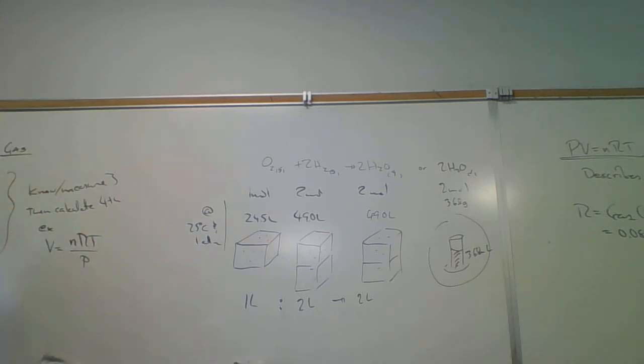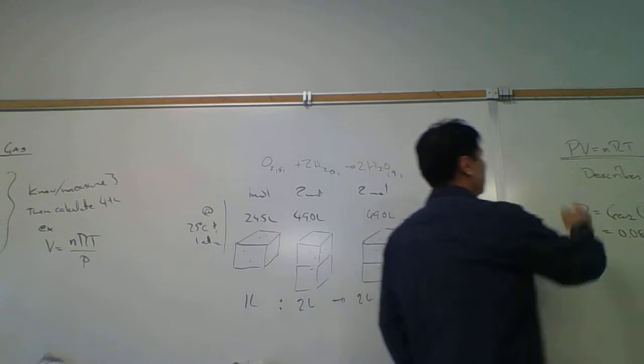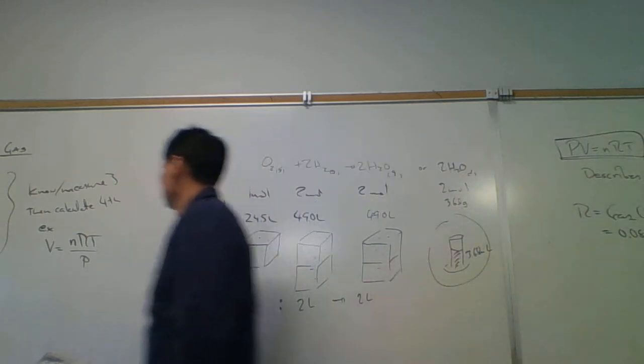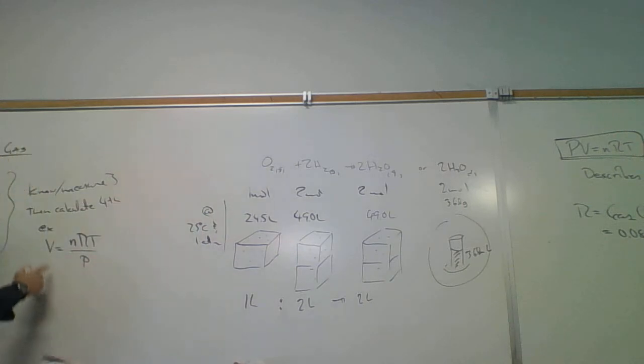People remember this as the PV = nRT equation. So if we look at this and rearrange it, we can solve for the volume.